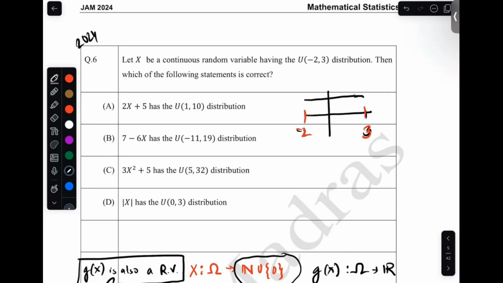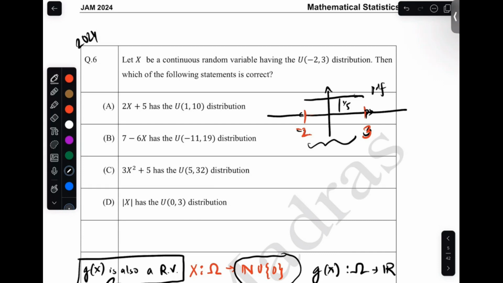Sorry, not PMF, this is the PDF of uniform minus 2 comma 3. Of course the length is 5 and the area under the curve will be 1, so therefore the height is 1 by 5, because the area of the rectangle is length into breadth.